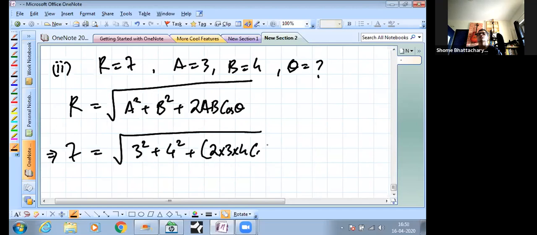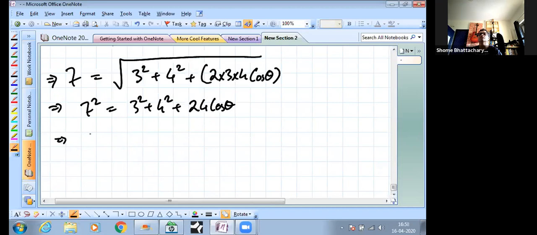Okay. So let's just square both the sides now. So 7 square is equal to 3 square plus 4 square plus 24 cos theta. And now let us solve this for cos theta first. So 49 is equal to 25 plus 24 cos theta.